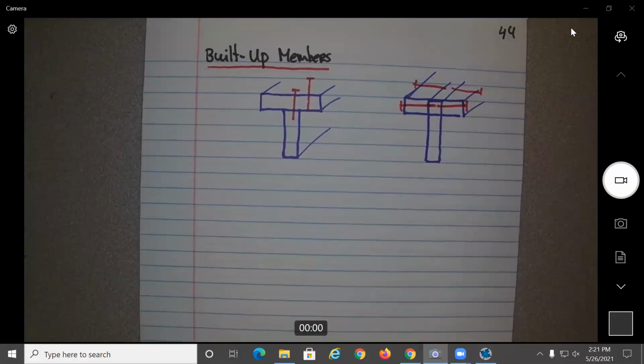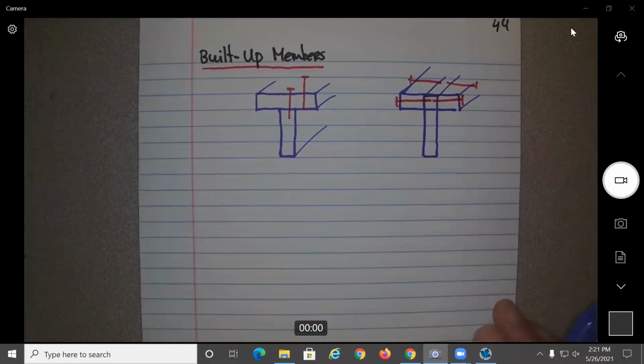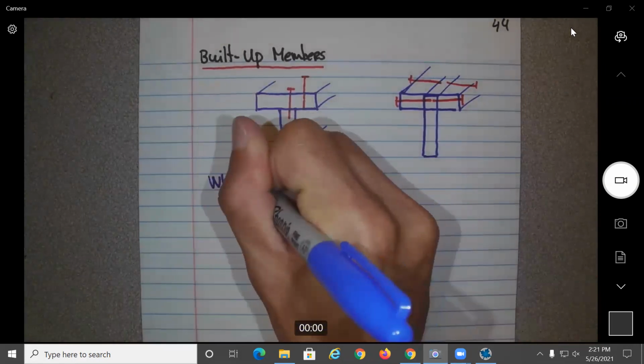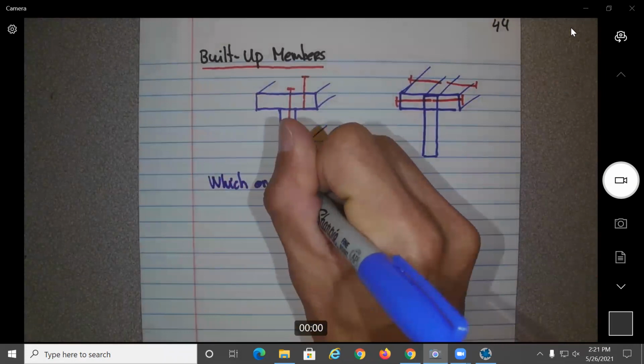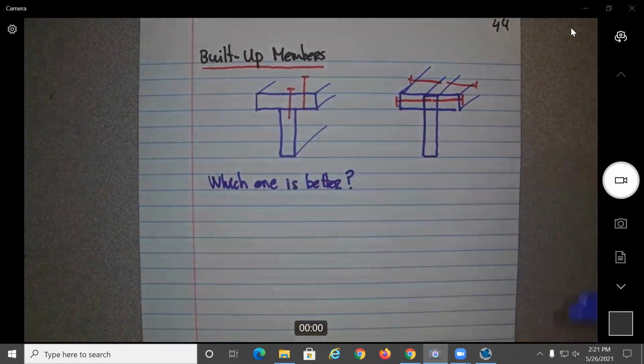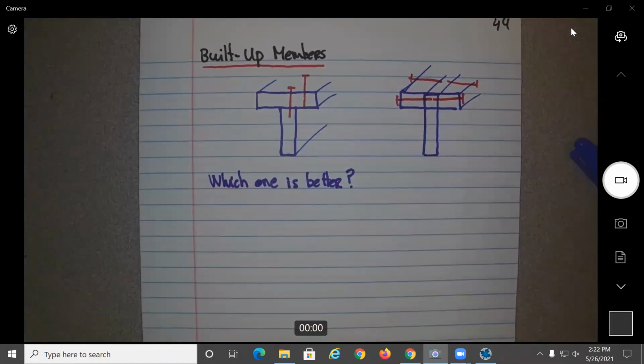So imagine that you need to do a design and somebody asks you which one is better. What is the best way to build that cross section? What will be your answer? I don't know.